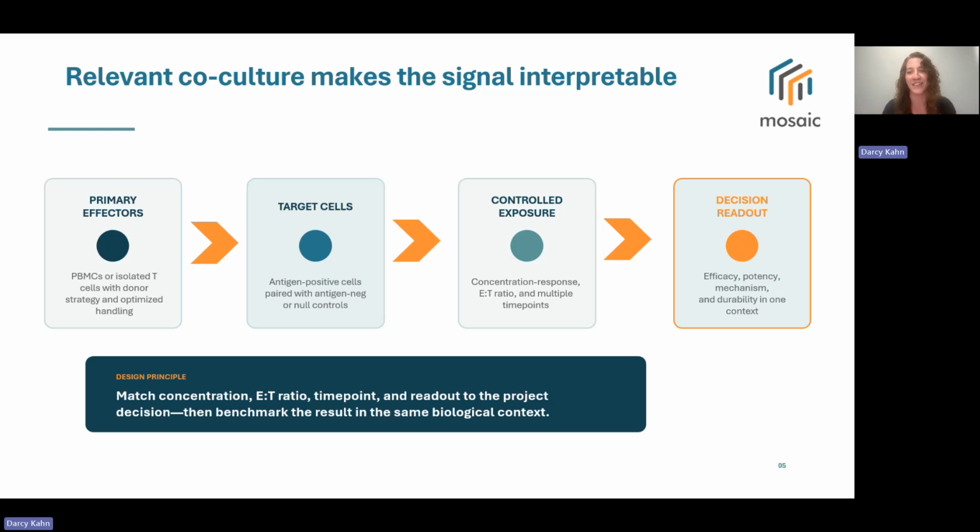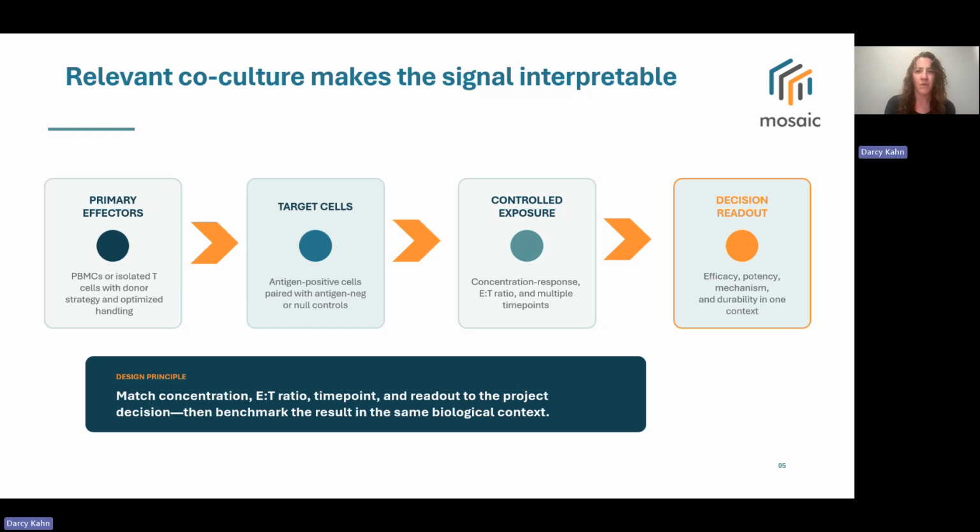Something I have already said a couple times and will continue to say. Are we interested in mechanistic insight? Are we trying to answer a specific pharmacological question? Or are we really thinking about developability risk? All of those goals are going to require different decision making on the design philosophy of our assays.